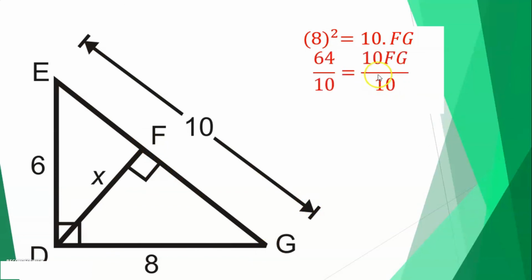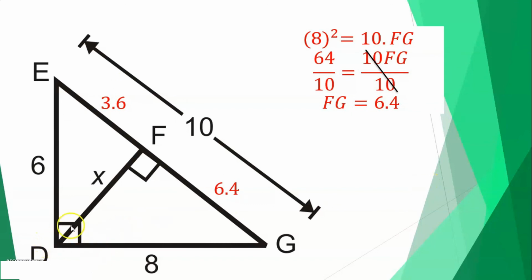So with this, 64 equals 10 times FG, divided by 10, therefore FG is 6.4. Since the hypotenuse is 10, to find EF, that would be 10 minus 6.4, which is 3.6.